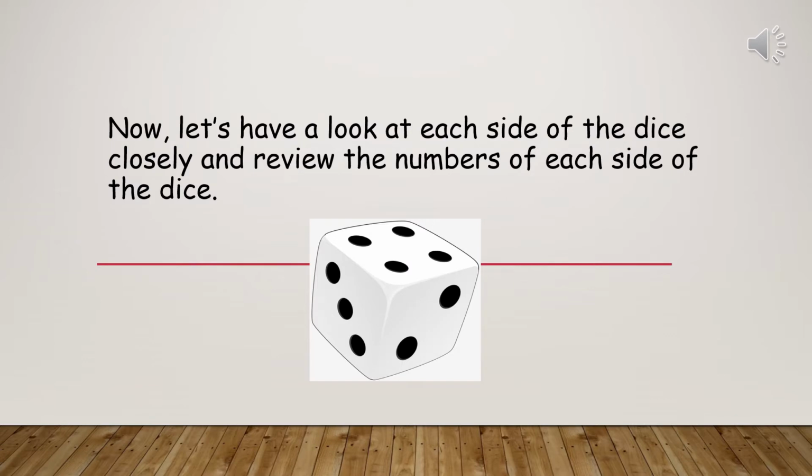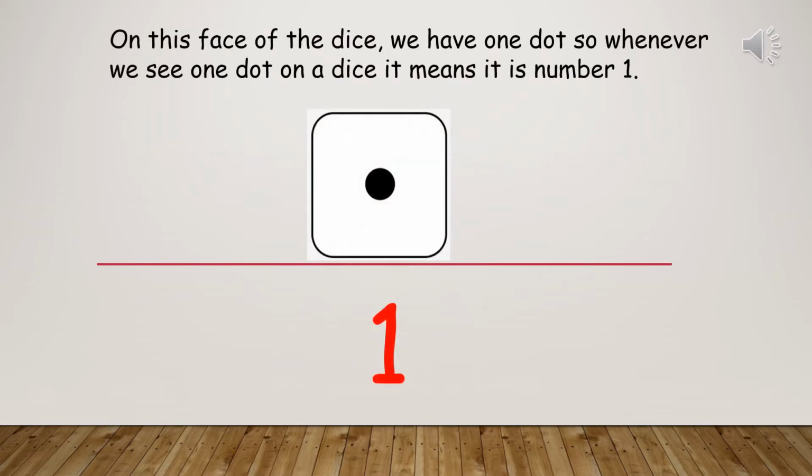Now, let's have a look at each side of the dice closely and review the numbers of each side of the dice. On this face of the dice, we have one dot. So, whenever we see one dot on a dice, it means it is number 1.